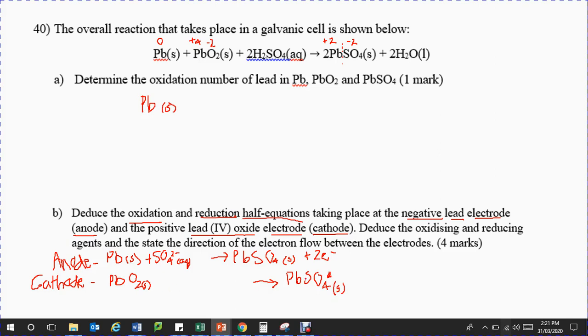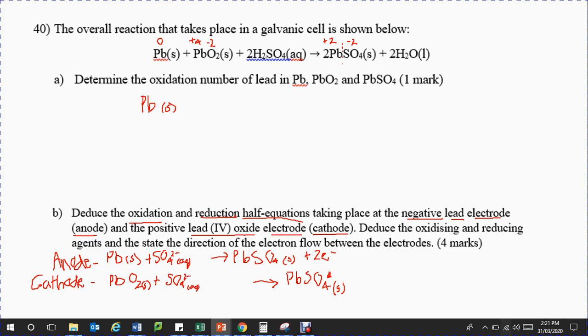Now I need to go through the COs and balance it. Let's look at our key elements first. I've got one lead, but I don't have my sulfate. If we remember from our anode equation, my sulfuric acid was aqueous, so I can just add my sulfate ion, SO4 2-, aqueous.